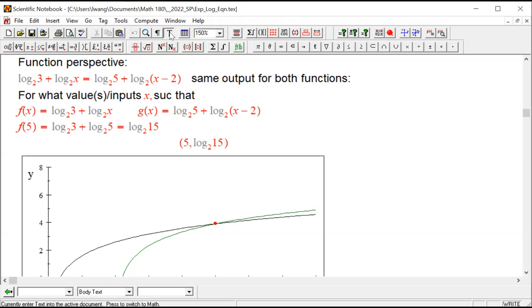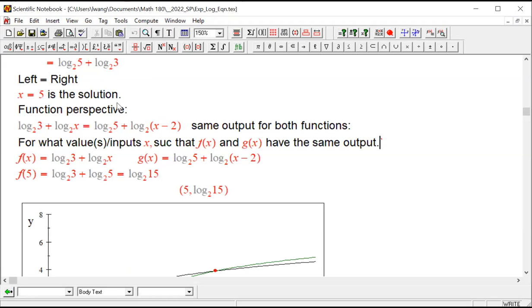So f of x and g of x have the same output. We don't know the output yet.